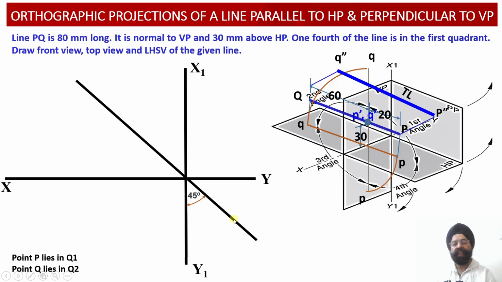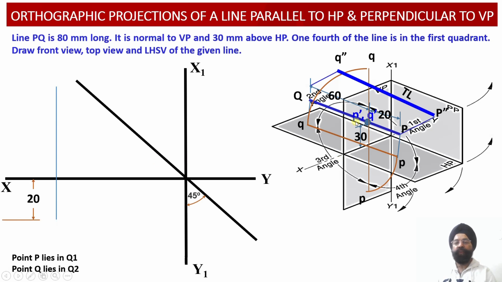So here, this inclined transfer line we are going to use in order to transfer the distances of these 2 points P and Q from the vertical plane, from the top view projections into the profile view projections over here. So let us now start with the orthographic projection.